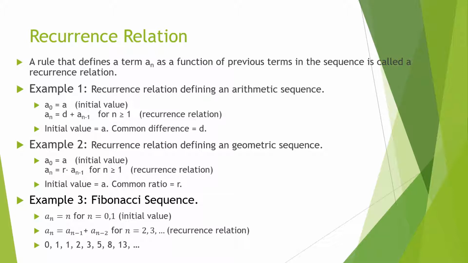You can Google it and find out how the explicit formula of the Fibonacci sequence looks like, but this is much easier. This is a much easier representation for a Fibonacci sequence. a_n is equal to a_{n-1} plus a_{n-2}, and the two initial values are 0 and 1. a sub 0 is 0, a sub 1 is 1.